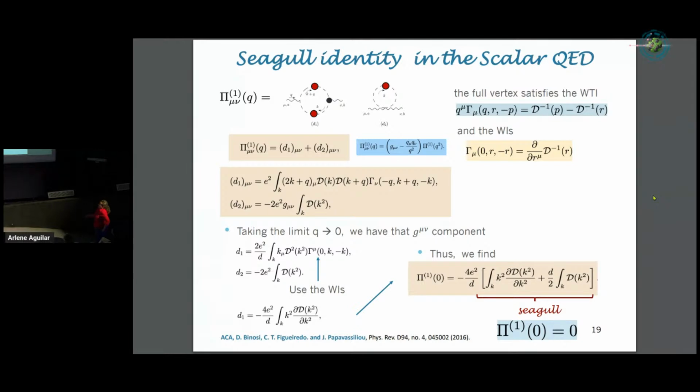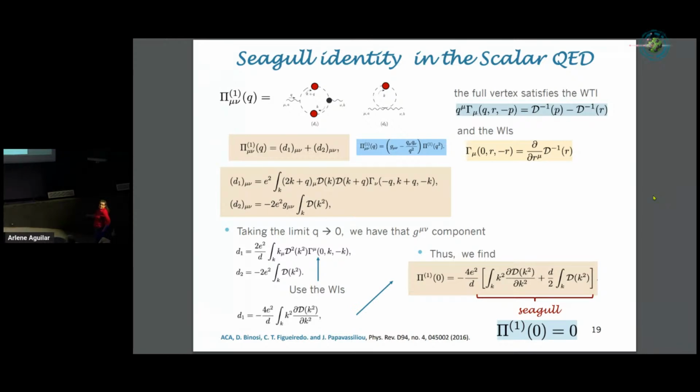I take the limit of this expression, which is exactly the limit where the vertex appears in the Ward identity here. So I replace the Ward identity result here, and then D1 becomes that. I sum D1 and D2. What appears?